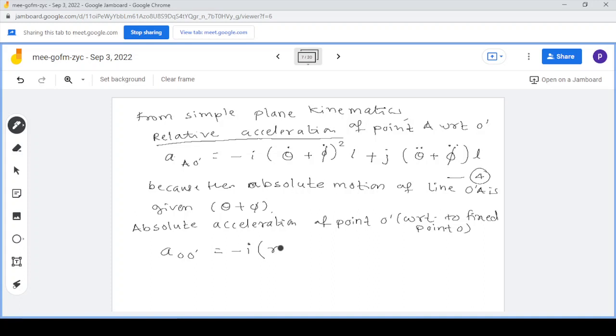I am writing it down as it is: r theta dot square, which is nothing but r omega square into cos phi, minus r theta double dot. What do you mean by r theta double dot? R theta double dot means r alpha into sin phi, right?